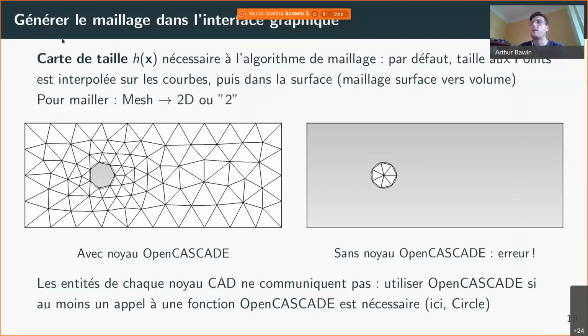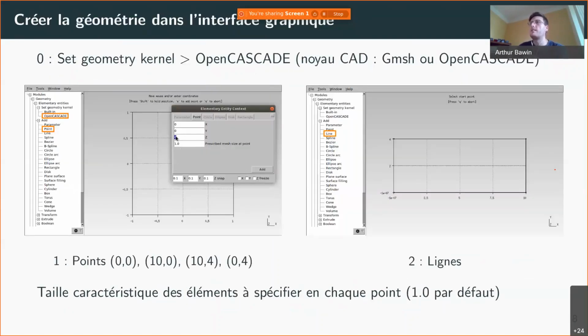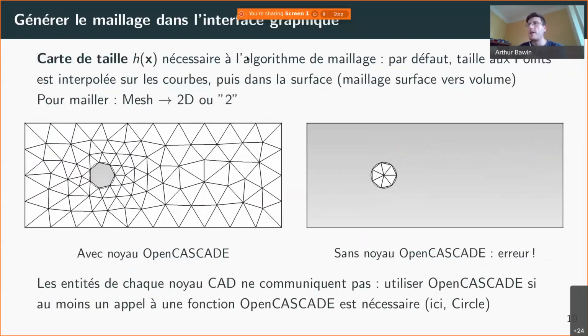It's typically called a size field or a size map, une carte de taille en français. And it's a function typically written h of x that just returns the ideal mesh size everywhere in the geometry.